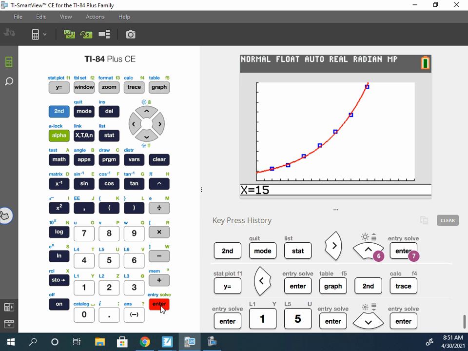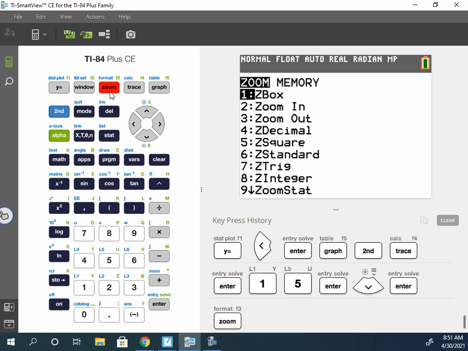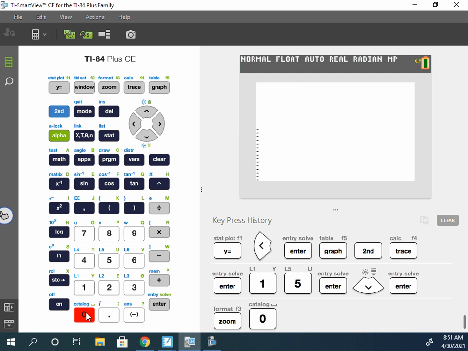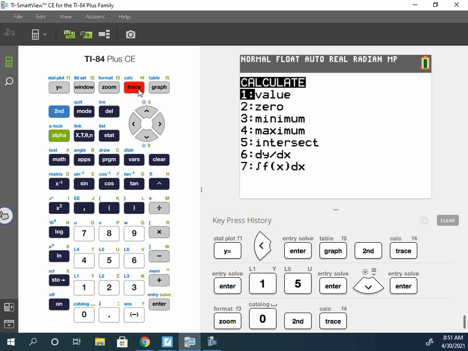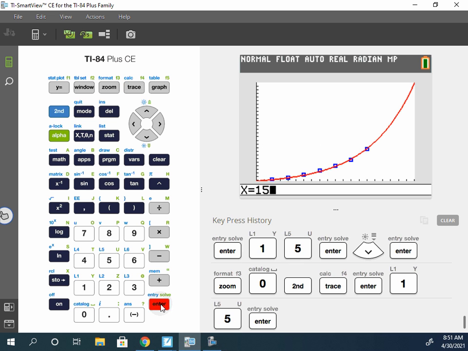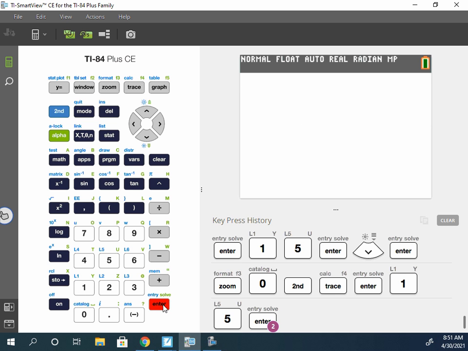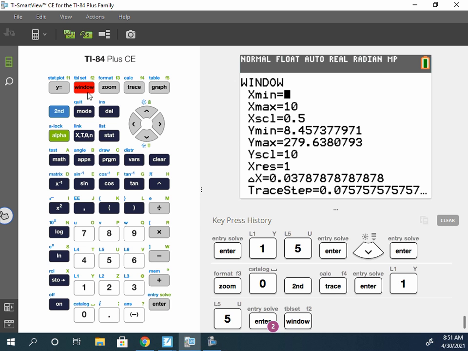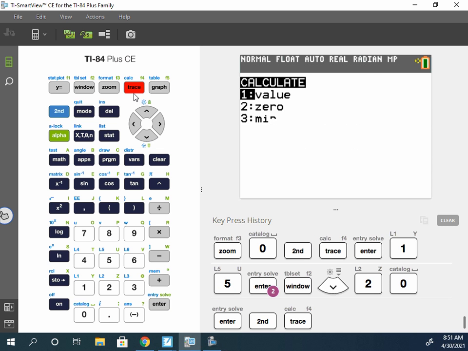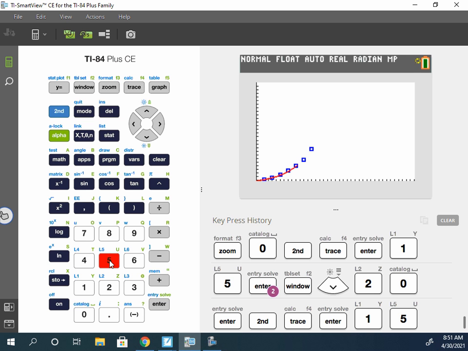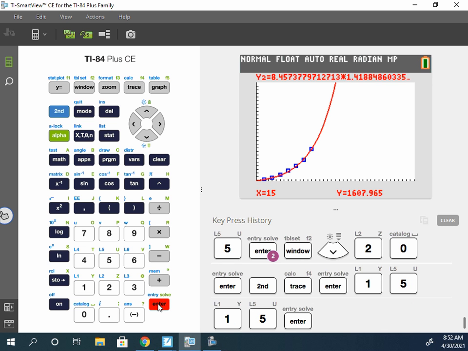Go to zoom 0, and that should give me a big enough window. Now I can go second calculate value 15. Okay, fine. I'm going to make you give me a value big enough. 20. Second calculate value. If it's not in the window, it won't figure it out. It's temperamental at times. Enter.